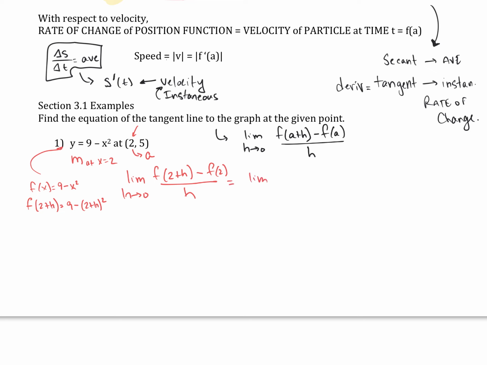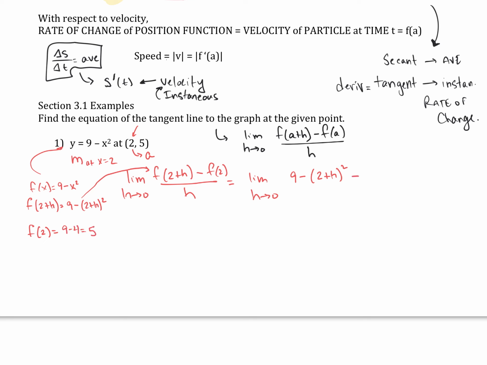So I will have the limit as h goes to 0. Now we said f of 2 plus h is this value. So this becomes 9 minus 2 plus h squared. Now I want to substitute the other value in. I want to substitute f of 2 in. F of 2, when I plug it in, I get 9 minus 4, which is 5.